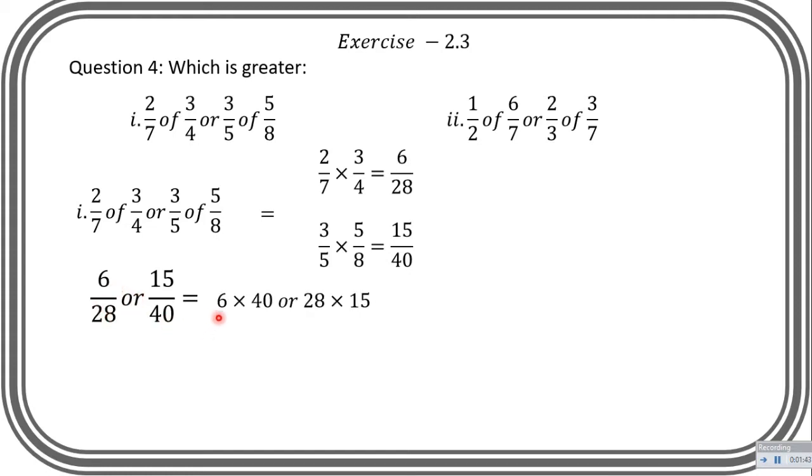When we multiply 6 with 40, we will get 240, and when we multiply 28 with 15, we will get 420. We know that 420 is greater than 240, and 420 belongs to the second part of this question. Second part means 3 upon 5 of 5 upon 8. Therefore, we conclude that 3 upon 5 of 5 by 8 is greater.